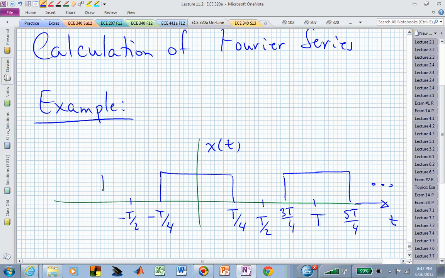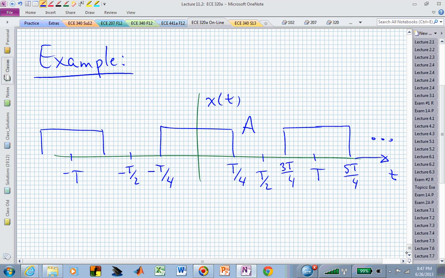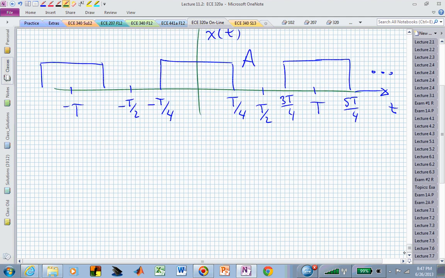This is now a periodic waveform that's going on and on for all time. That's our periodic waveform, and let's give it an amplitude of A. We want to now compute the coefficients a sub 0, a sub 1, a sub 2, or expressions for, and expressions for the b's. Let's now determine those coefficients.